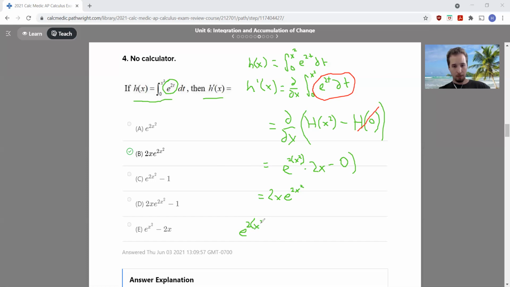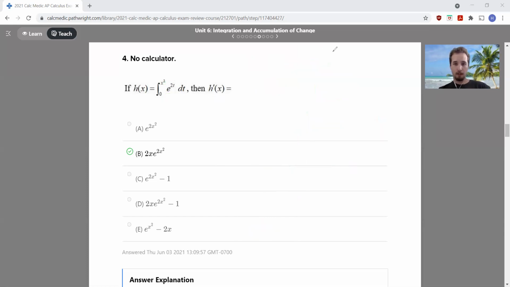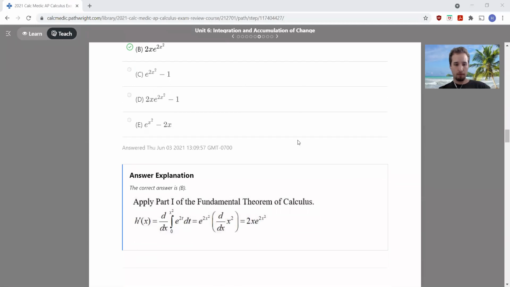And the only thing you have to remember beyond that is to multiply it by the derivative of the inside, because of chain rule. So the derivative of x squared is 2x. So you don't have to make this problem more complicated than it needs to be. It's a bit difficult to explain, but we'll move on to the next problem.